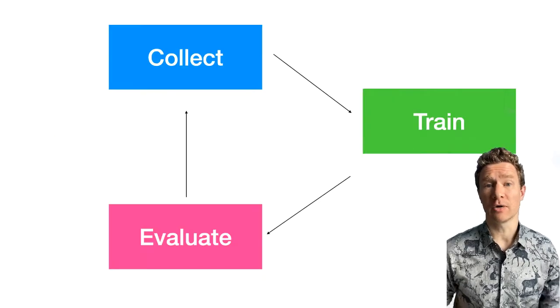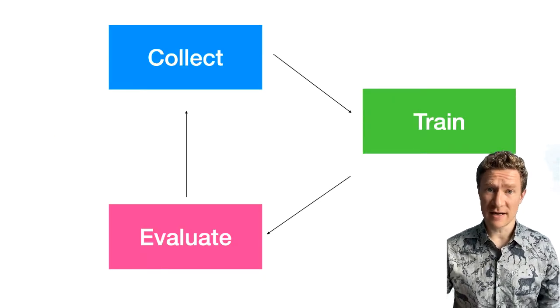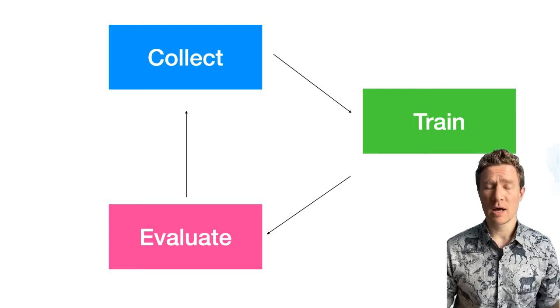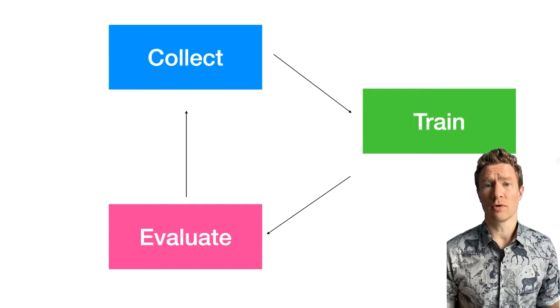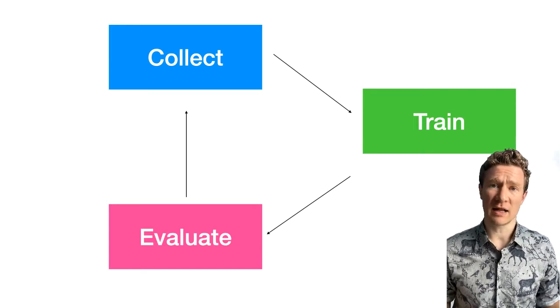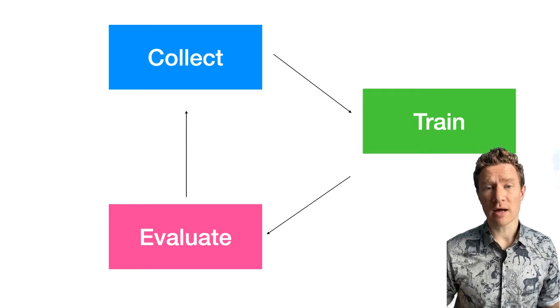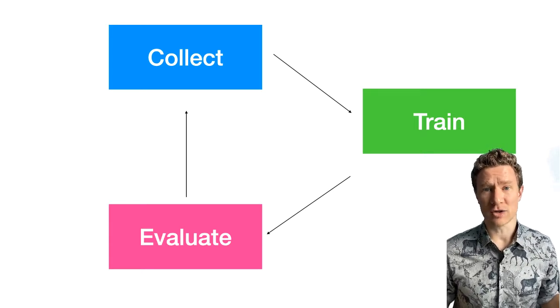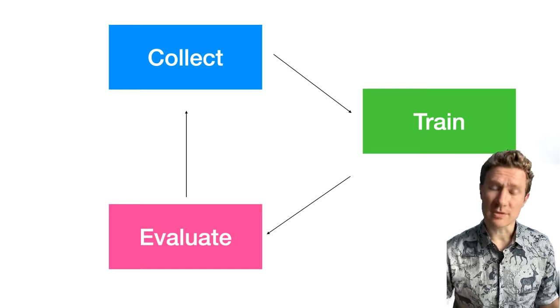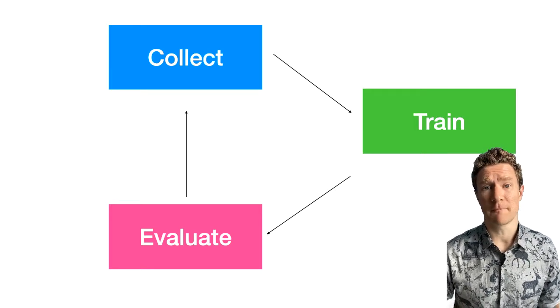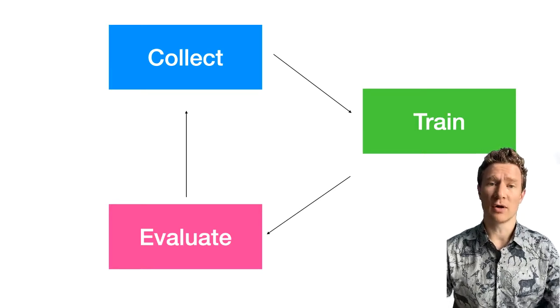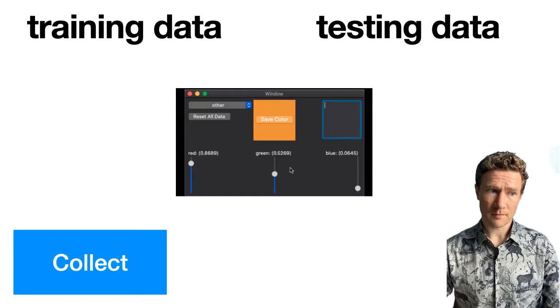Whenever we've been doing machine learning, we talk about collecting data that we're going to use to teach the computer. We talk about training the computer to understand our examples. And finally, we see how well the computer does when we actually give it a bunch of testing data to use. And so you did a lot of this in the image classifier work that we did over the past couple of weeks.